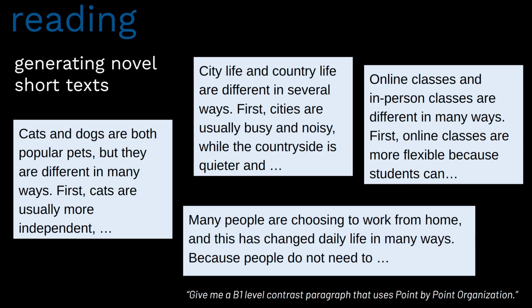And I had it produce four different texts, and I just clipped an excerpt from each one: cats and dogs, city life and country life, online classes and in-person classes, and working from home versus working at the office. So it produced these four texts. This took 68 seconds to produce four texts. I think it's 335 words altogether.